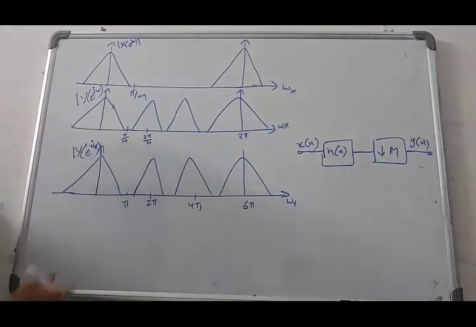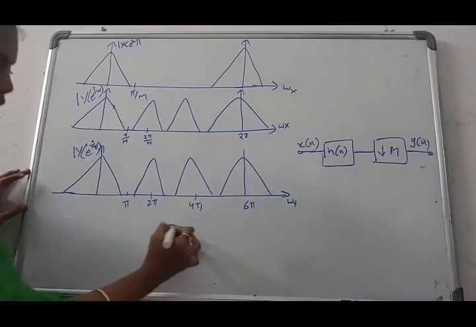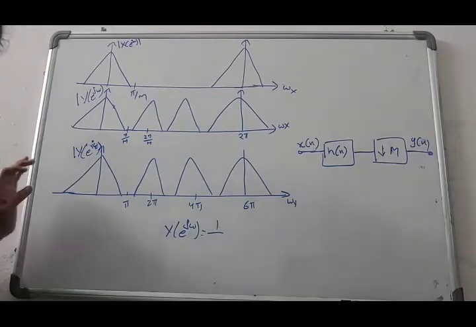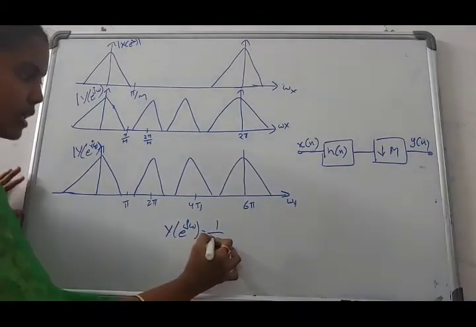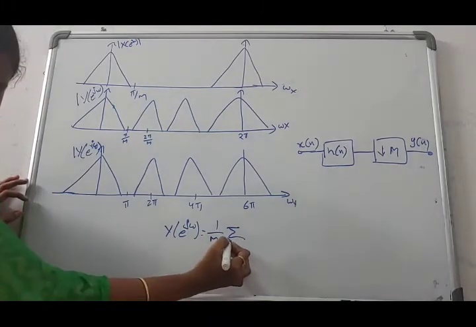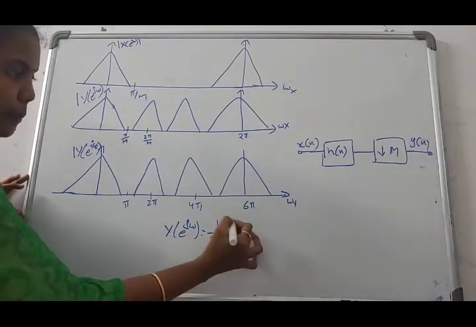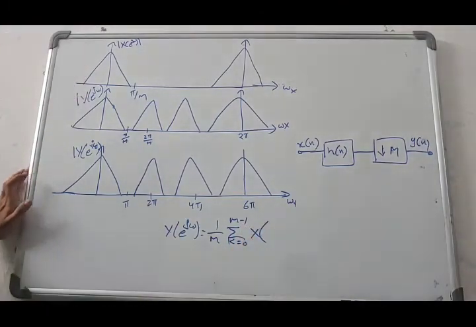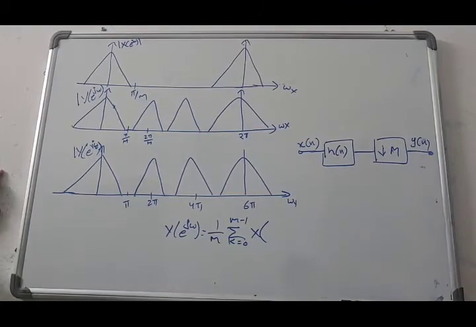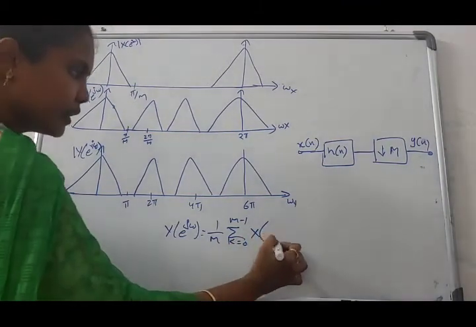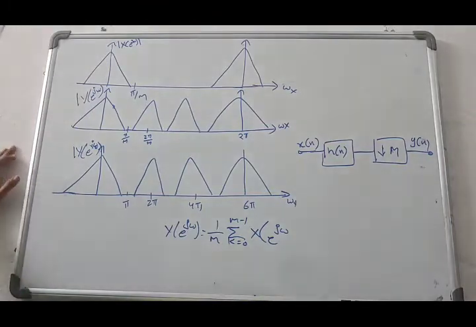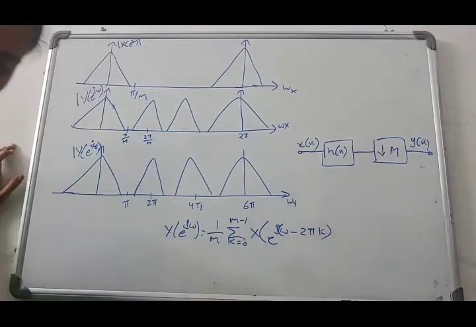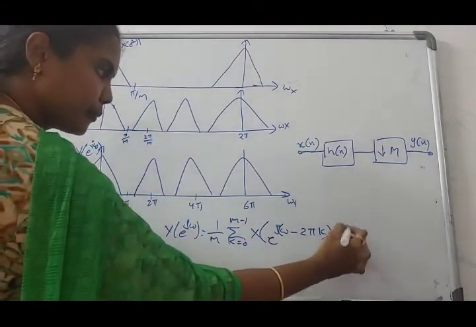So we have the equation y of e power j omega is equal to 1 by m summation k is equal to 0 to m minus 1 x of e power j omega minus 2 pi k divided by m.